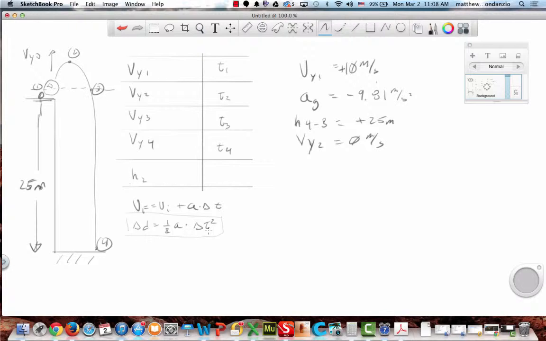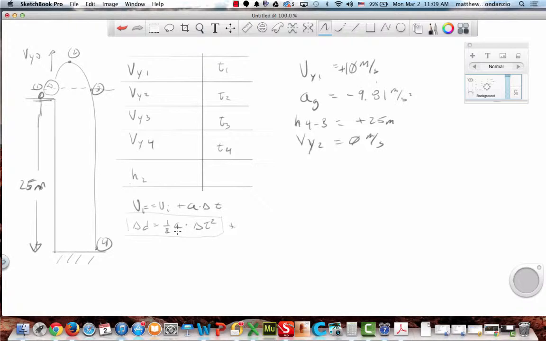I want you to understand these equations. But really, there are some missing terms here. What does that assume about our motion? Oh, that it's linear.